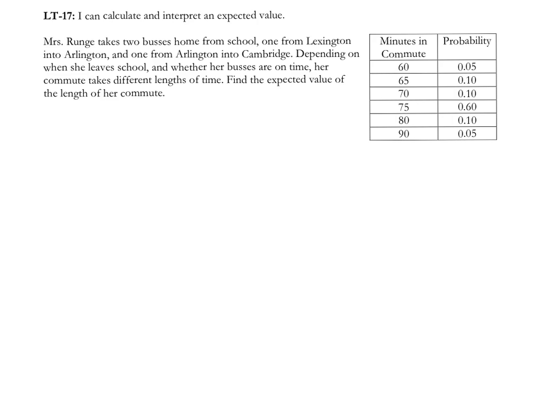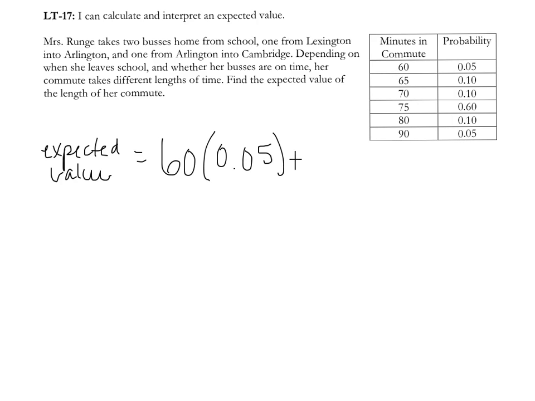So to calculate an expected value, I'm going to take each possible outcome and multiply by the probability of getting that. And then I'm going to add them all up.